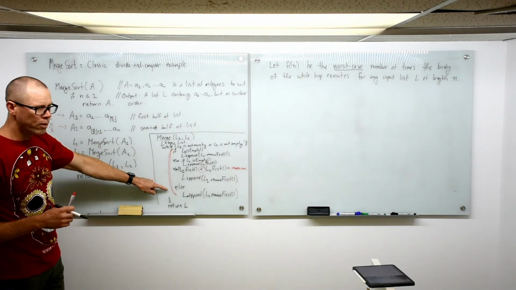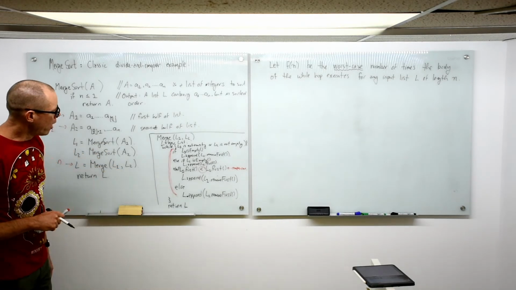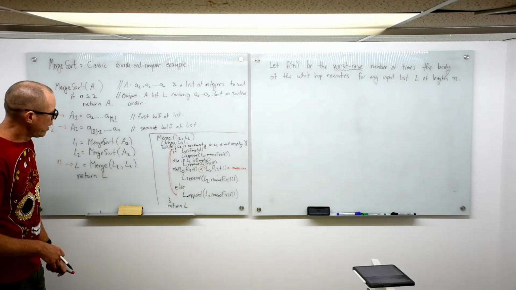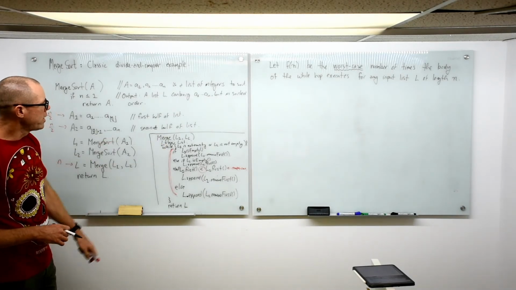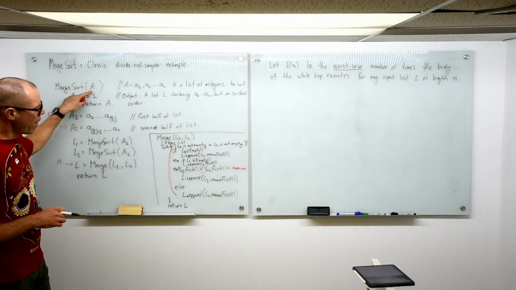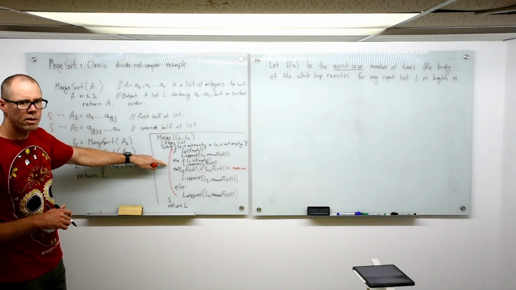Because each time it executes, exactly one thing gets added to the output list. But then it gets executed in the recursive calls as well. But the point is that actually the contents of A don't matter. The contents of A don't change the number of times that this gets executed.